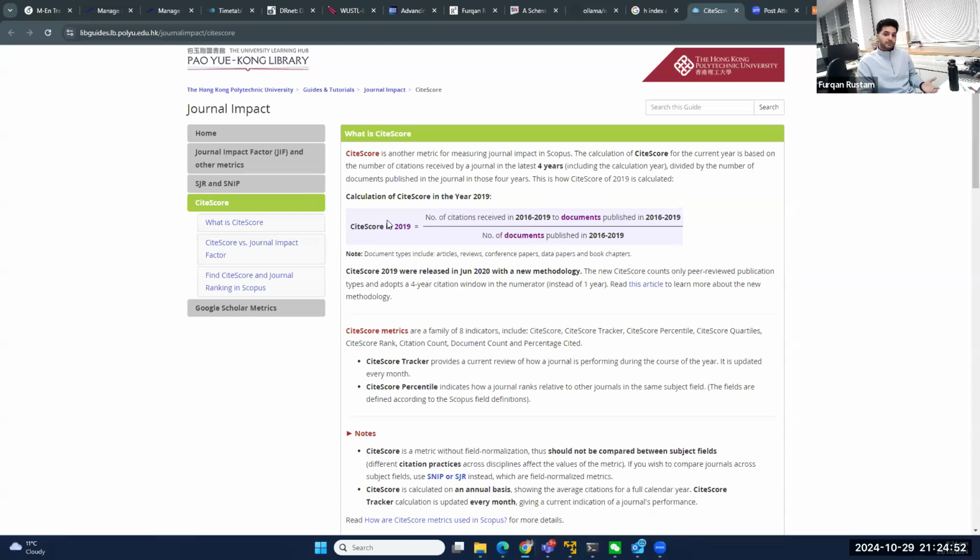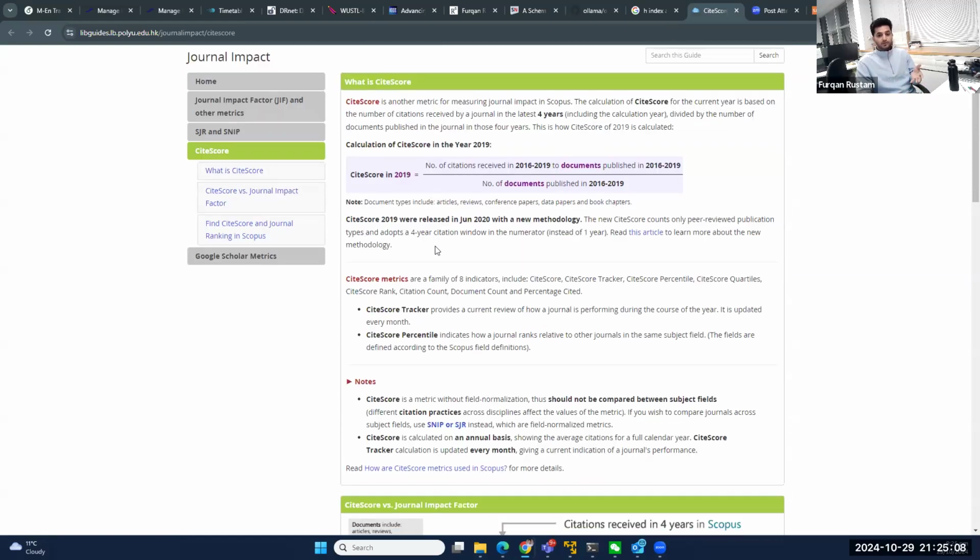This means how many citations the journal's papers received between the last 4 years, and how many papers they published in those 4 years. This is how they calculate the CiteScore.